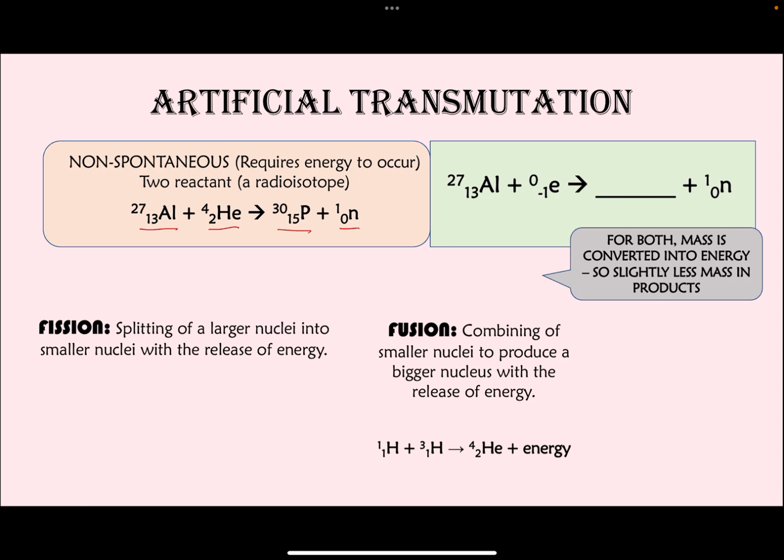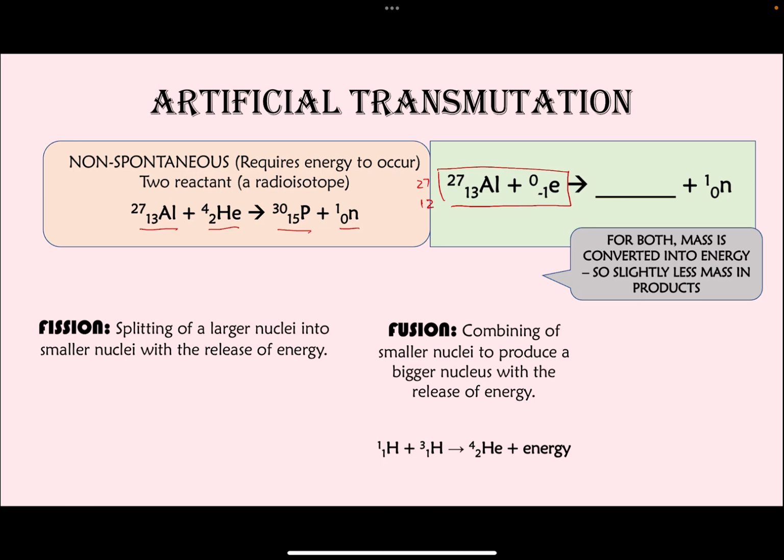Let's do the work to figure out what aluminum is converting into. It's slightly different than the one that we saw previously, because this aluminum is combining with an electron. First of all, let's count the total mass and charge on this side. 27 plus 0 gives us 27, and then 13 plus minus 1 gives us 12.